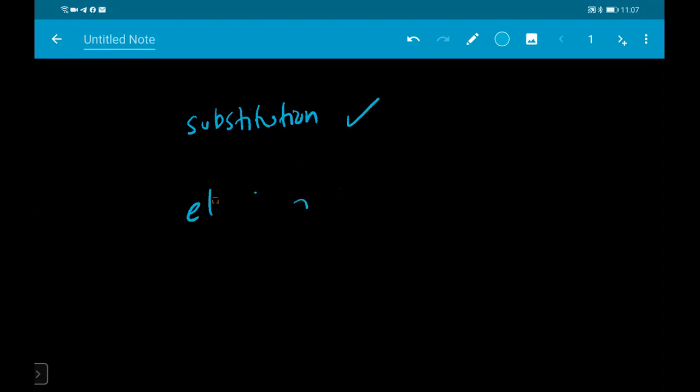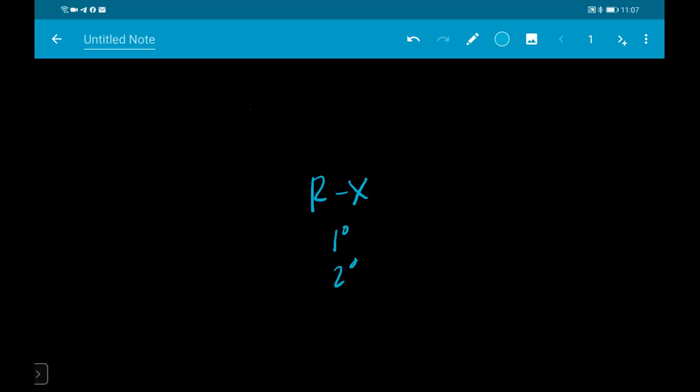So the idea was, if you have an alkyl halide, in general, I'm going to write it as RX. Dua tindak balas ni boleh berlaku pada RX, and the alkyl halide can be classified as primary, secondary, or tertiary. So the idea is there are 2 possible reactions.